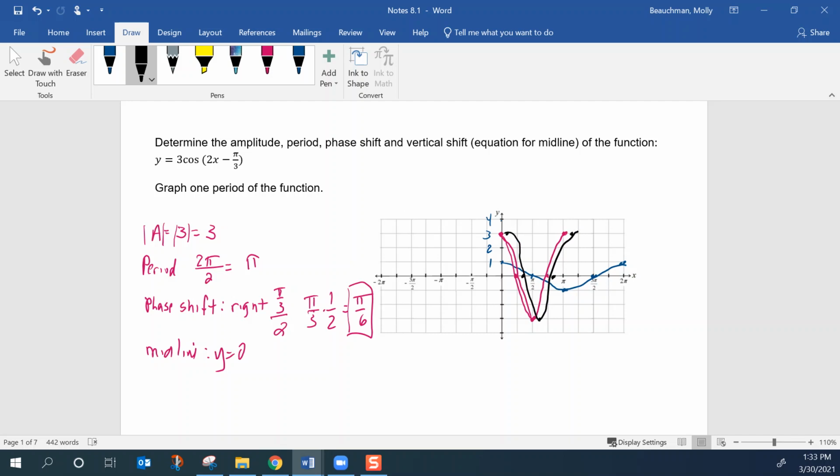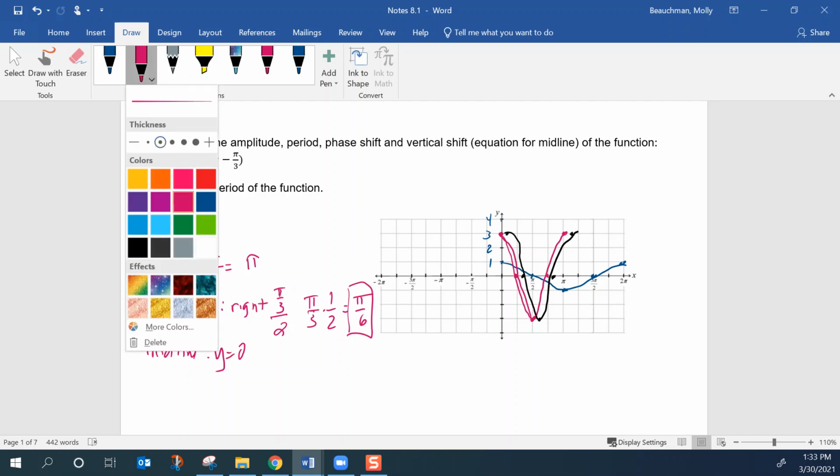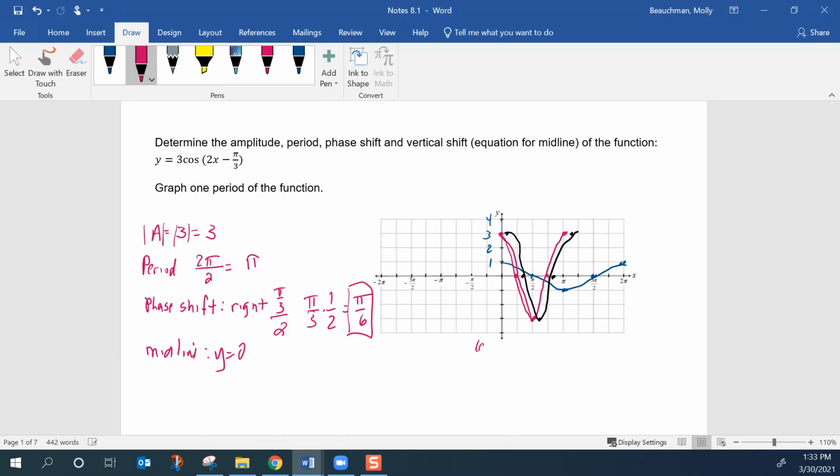And if you want to find the key points, the key points in the pink graph were (0, 3), (pi over 4, 0), (pi over 2, negative 3), (3 pi over 4, 0), and then back at pi, we end up back at 3. So that's the pink graph.